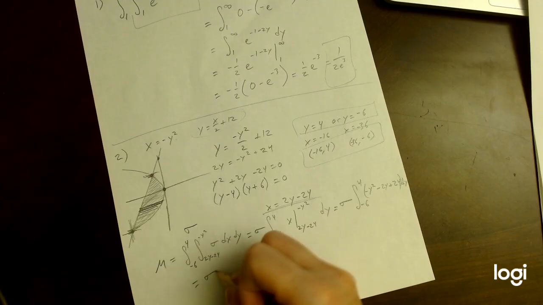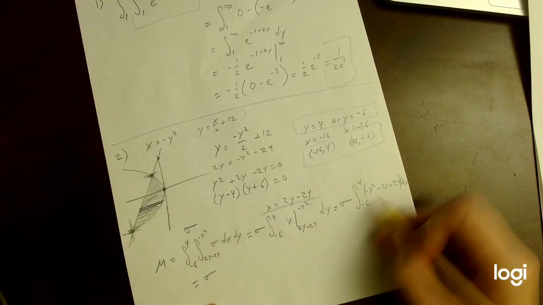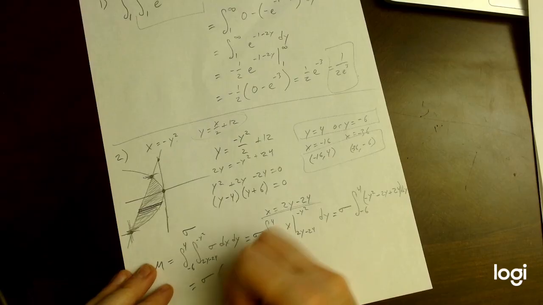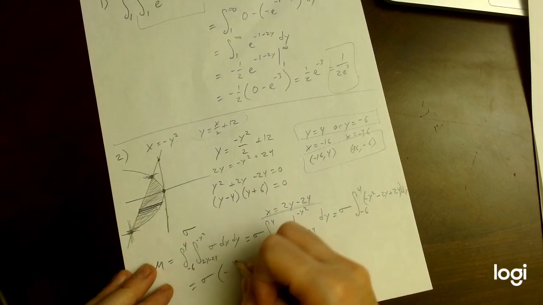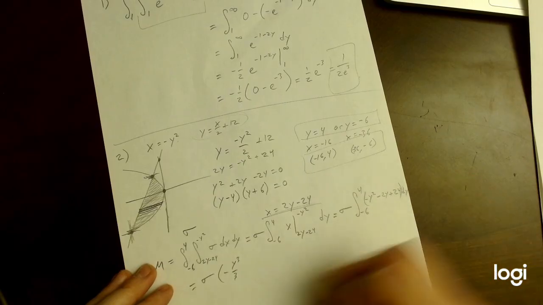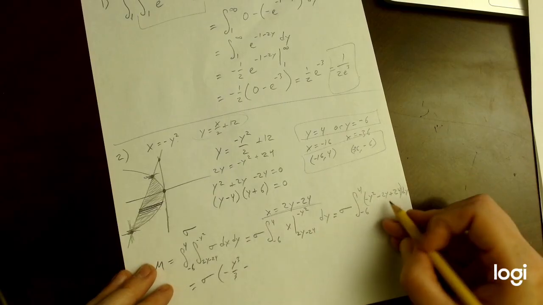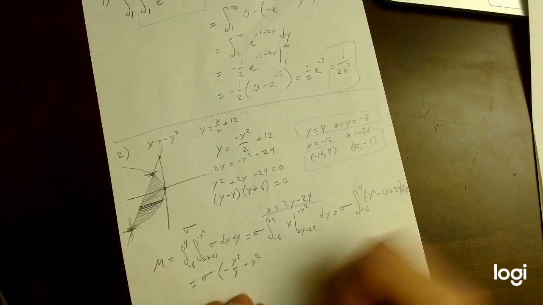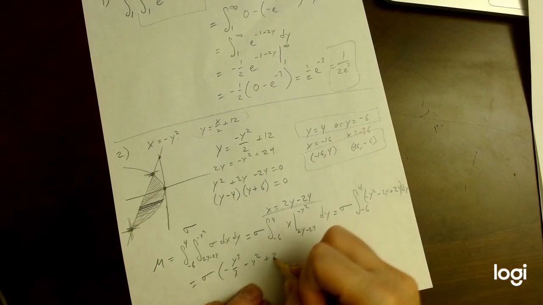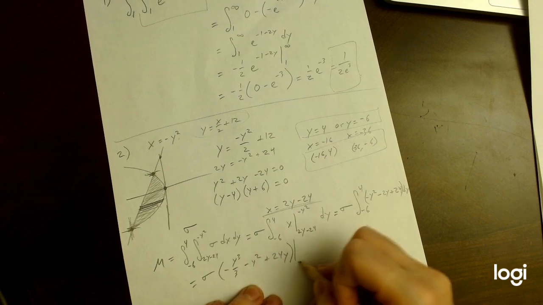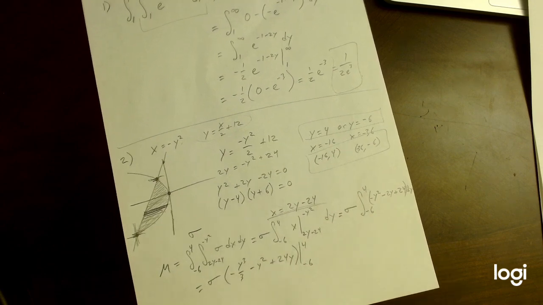And we have sigma out front still. When we do an integral of this, we will get minus y cubed over 3, minus y squared, and then plus 24y evaluated from minus 6 to 4.